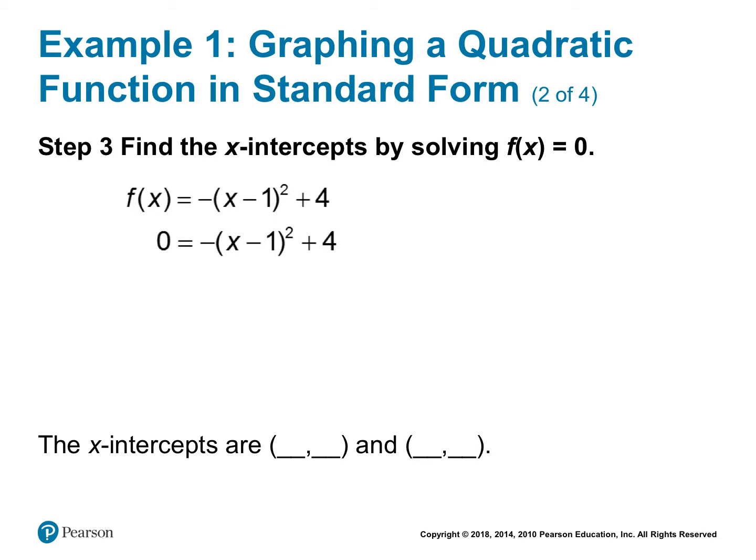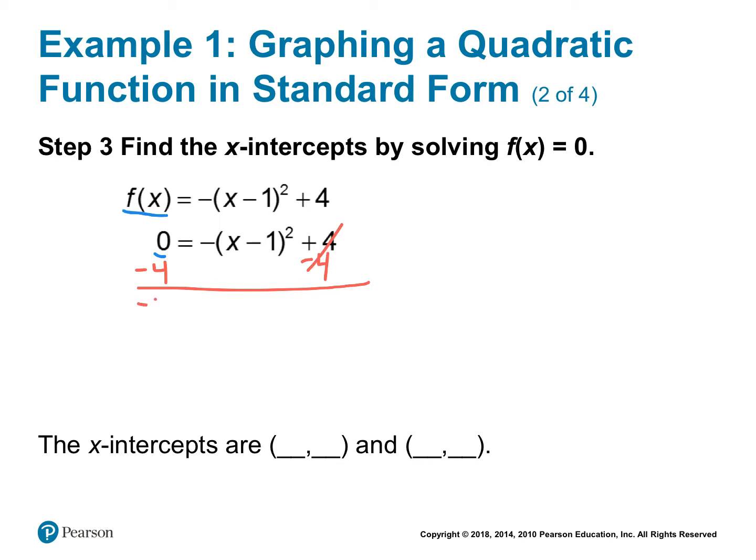Now we'll find the x-intercept. So to do this, you're going to solve for f of x equals 0. So if you notice, I replaced this with 0. And now all I have left in the equation is x's. So that's how I know I'm finding the x-intercepts, because I have nothing left but x's in the equation. Our first step is going to be to subtract the 4.